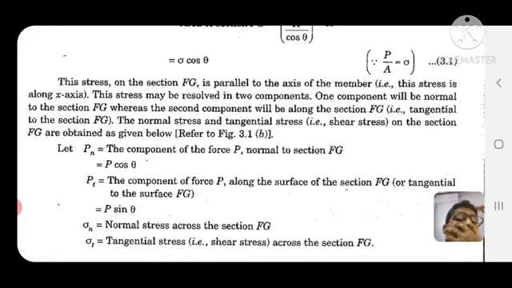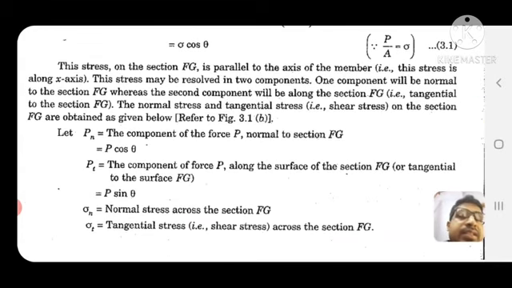The stress may be resolved into two components.